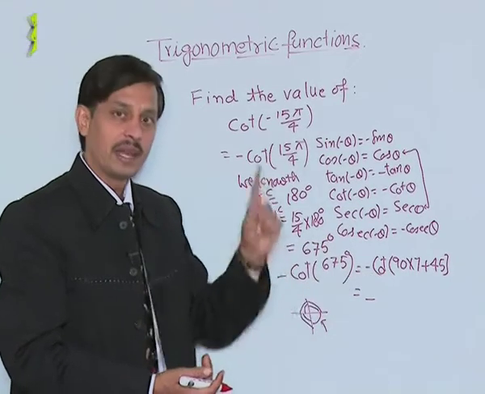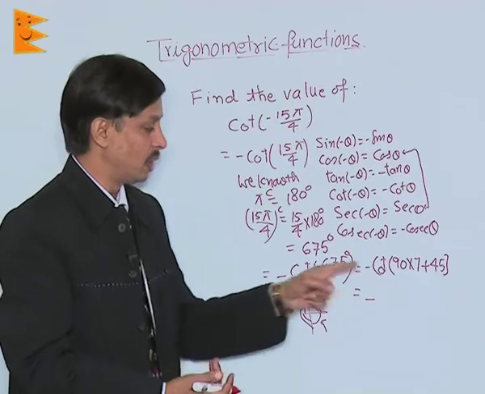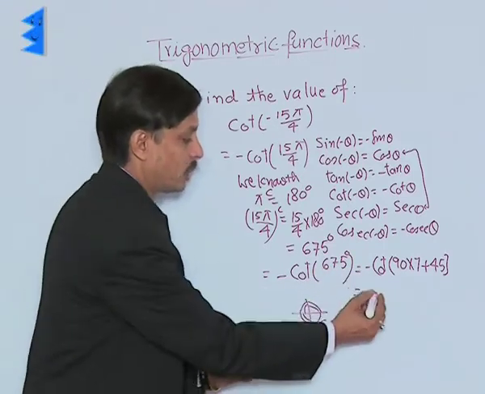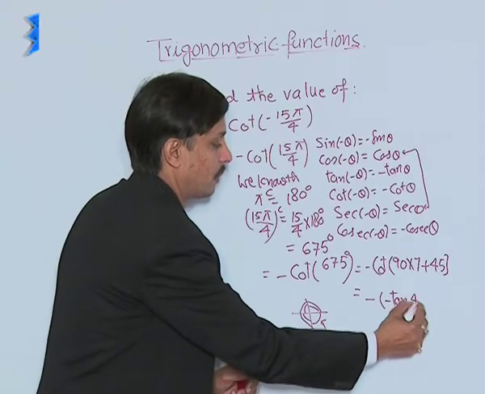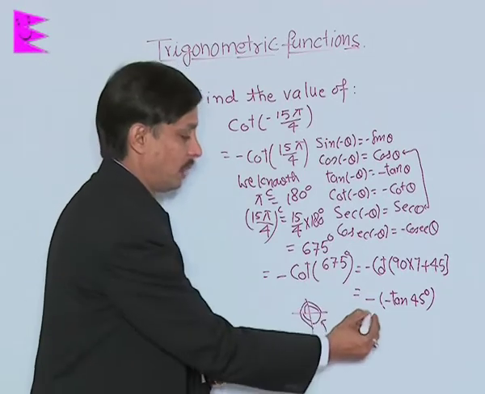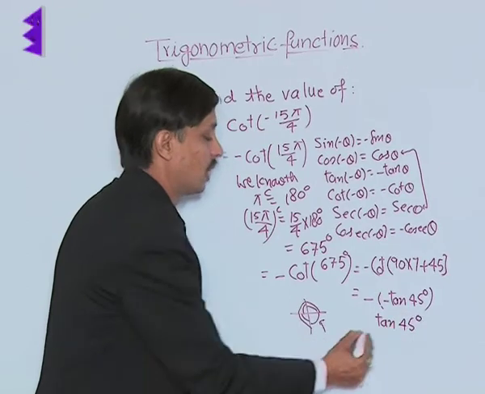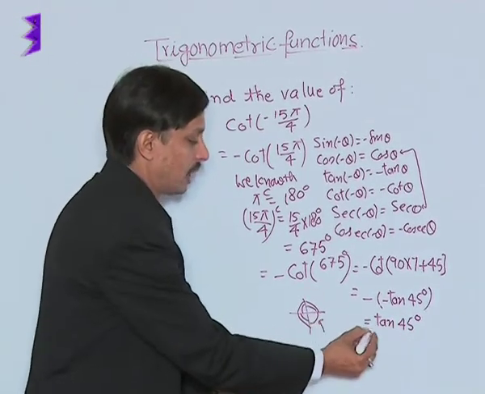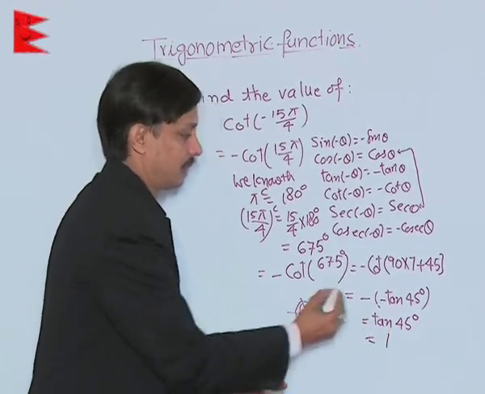This cot will change to tan, and the sign will definitely be negative because cot in the fourth quadrant is not positive. So I can write it as minus of tan 45 degrees. This minus minus becomes positive and it becomes tan of 45 degrees. You know very well that tan 45 is 1.